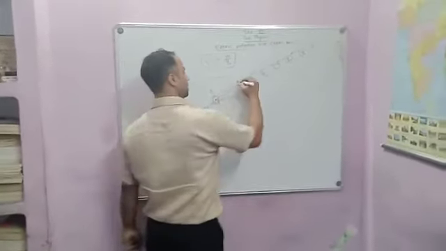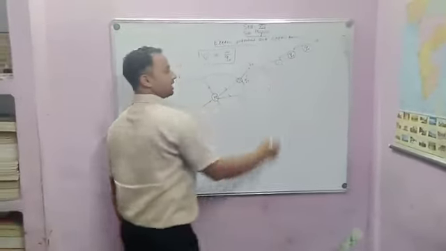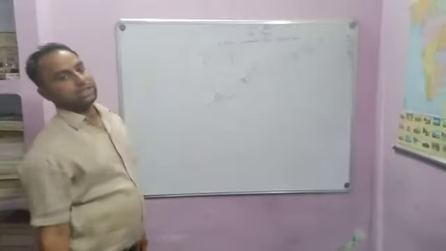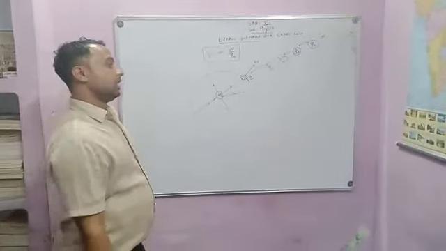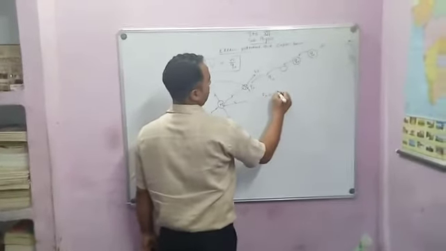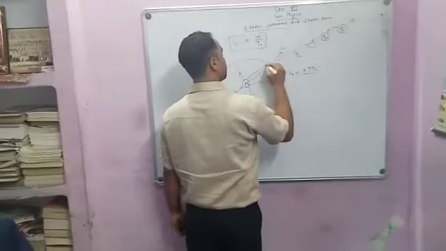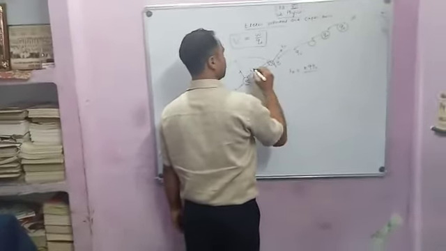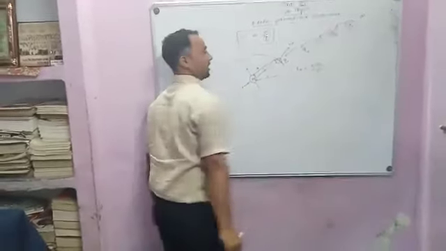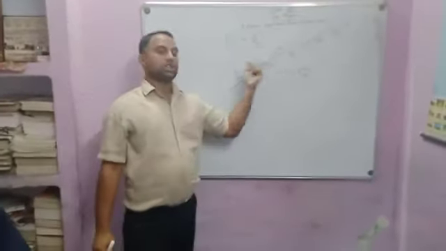That electrostatic force is given by Coulomb's law. Suppose this distance is x; the force is proportional to Q naught divided by x square, acting on this test charge Q naught.